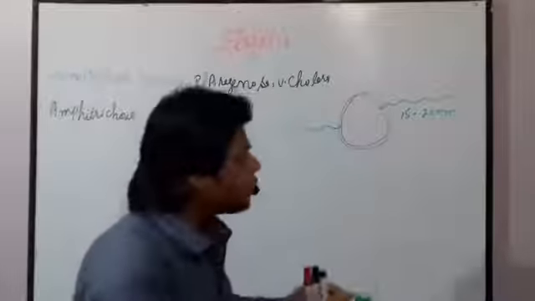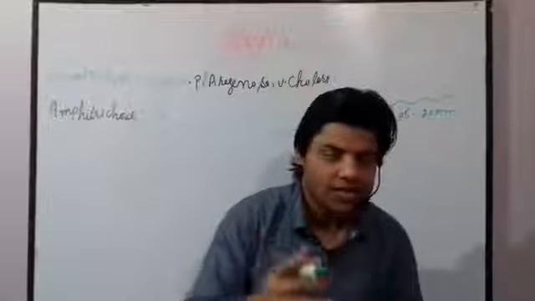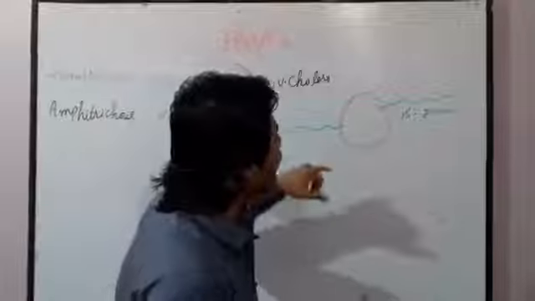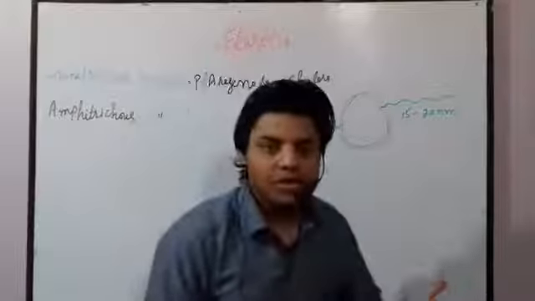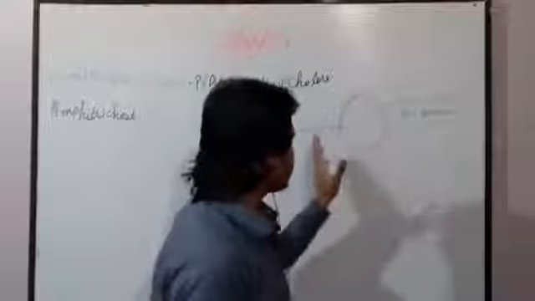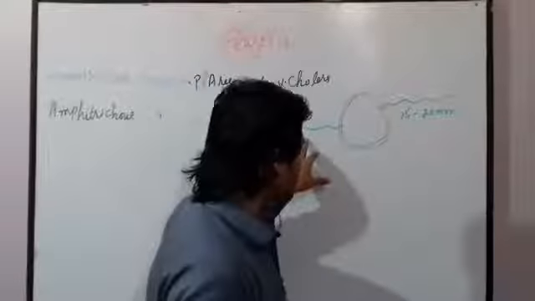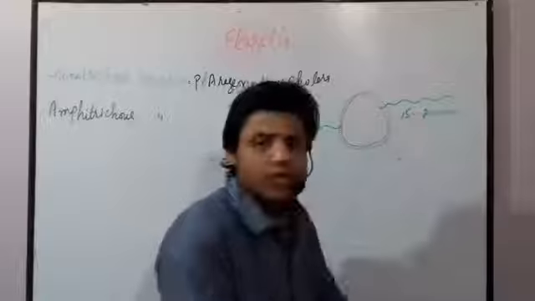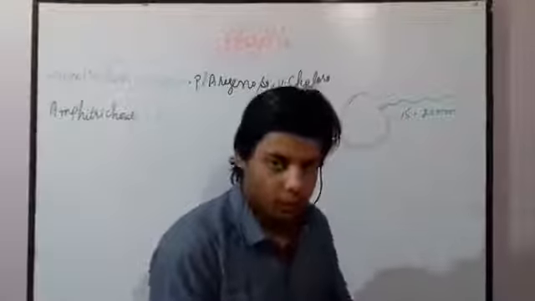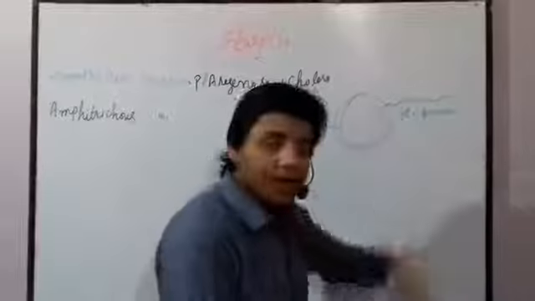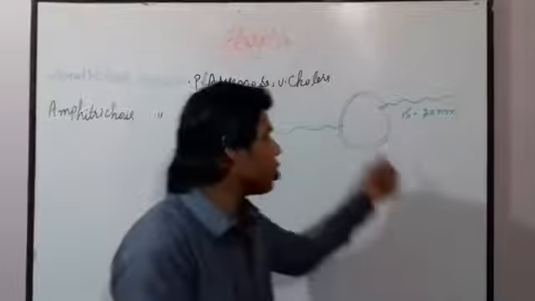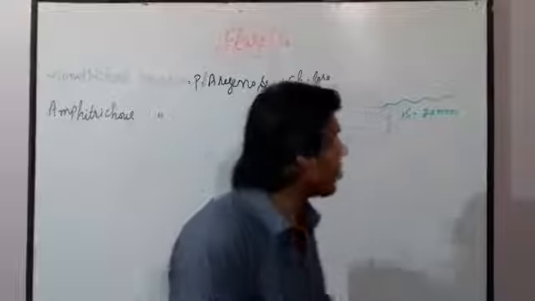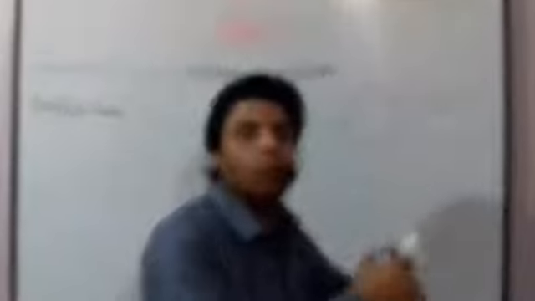Then a question arises in our mind: how will this bacteria move? Not both flagella are activated at a time. Sometimes one flagellum is activated and performing its function, while the other is deactivated and not performing. When the other one is activated, this one is not performing. That's how they can move.